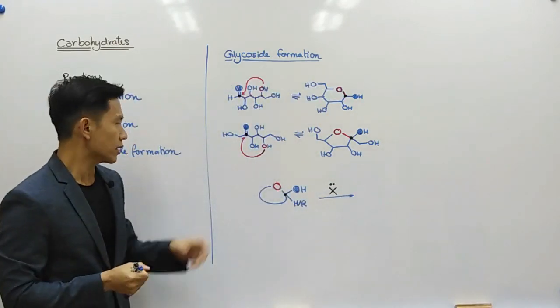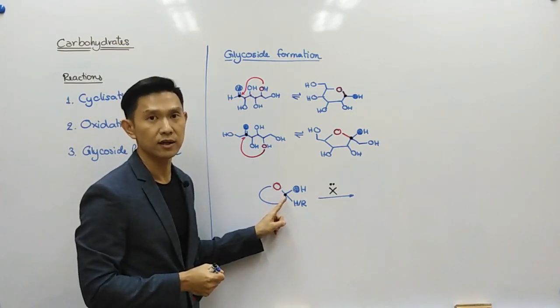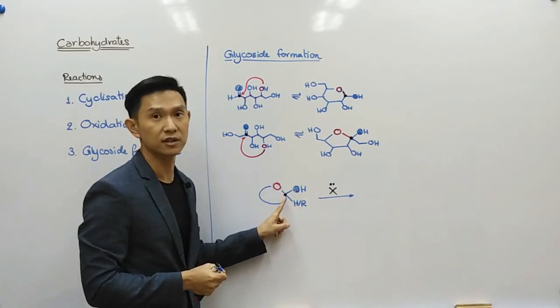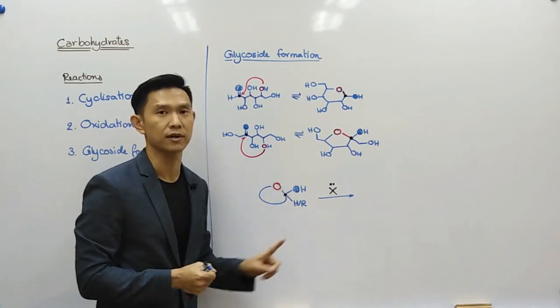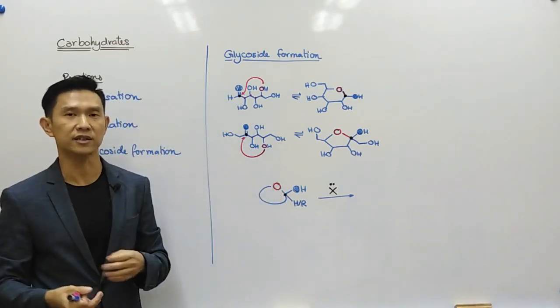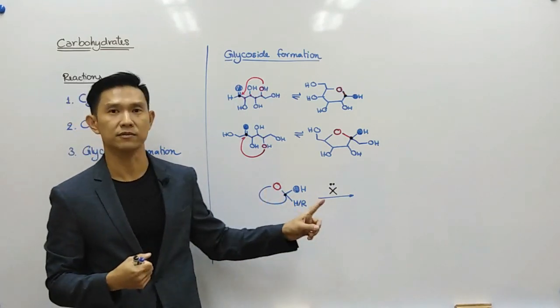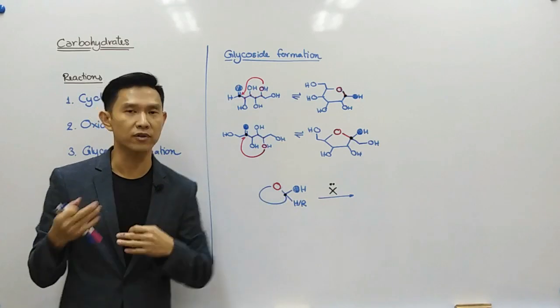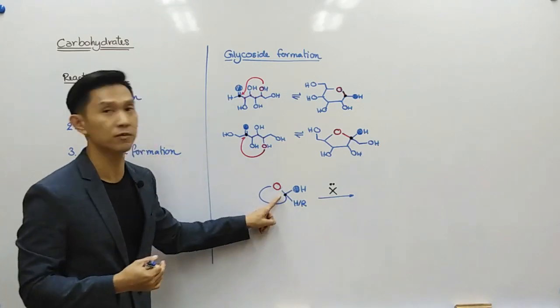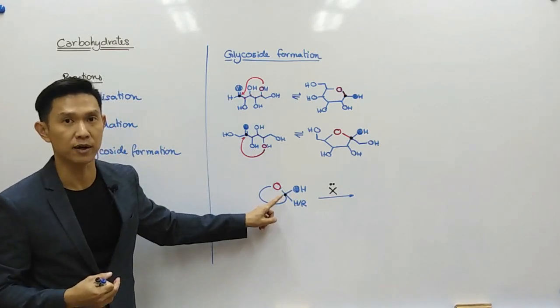What happens is this carbon is very positive because you have 2 oxygens attached onto this carbon, and oxygen has a very high EN value. So both oxygen atoms can withdraw electrons from your carbon here and make this carbon very reactive, very positive.